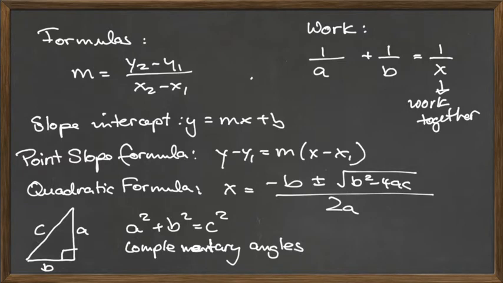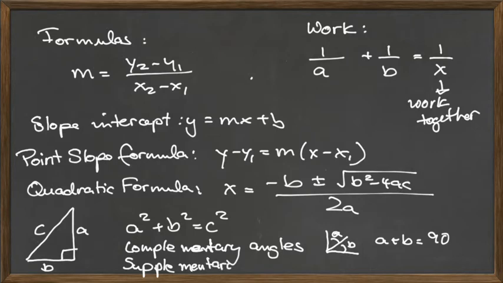The sum of complementary angles, let's call them A and B, A plus B equals 90, and supplementary angles, they add up to what? 180. So 180 is really a straight line. If you have A here and B there, A plus B would be 180. Okay, that's about all the formulas we have. Can't think of anything else.